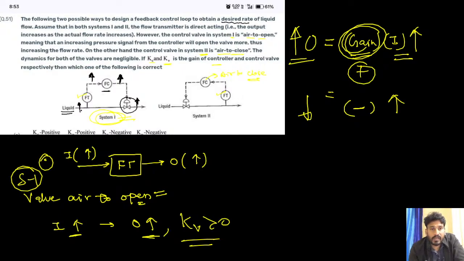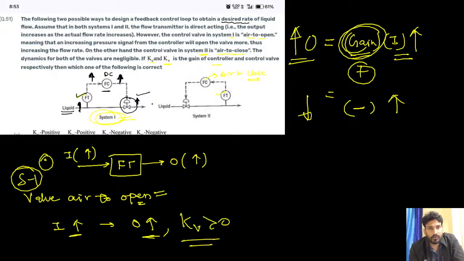So हमें क्या करना था, लिक्विड के फ्लो रेट को मेंटेन करना था. बट इफ आई am keeping FC direct acting, then by increasing flow rate in the liquid, it will क्या करेगा, फ्लो रेट को ज्यादा कर देगा.